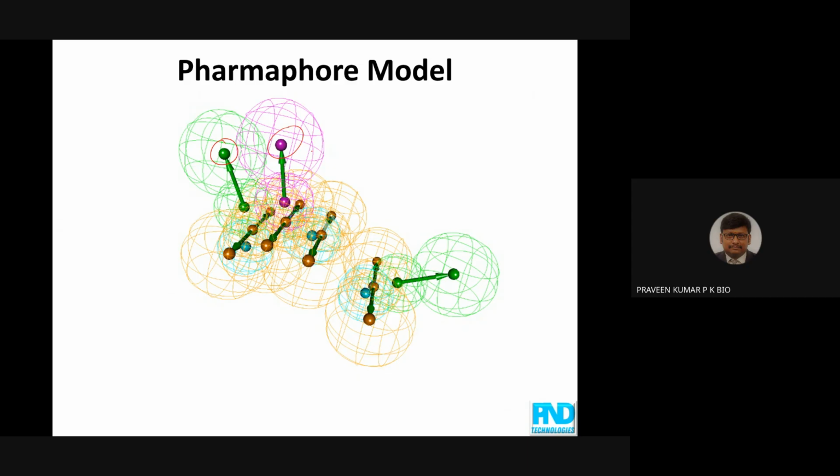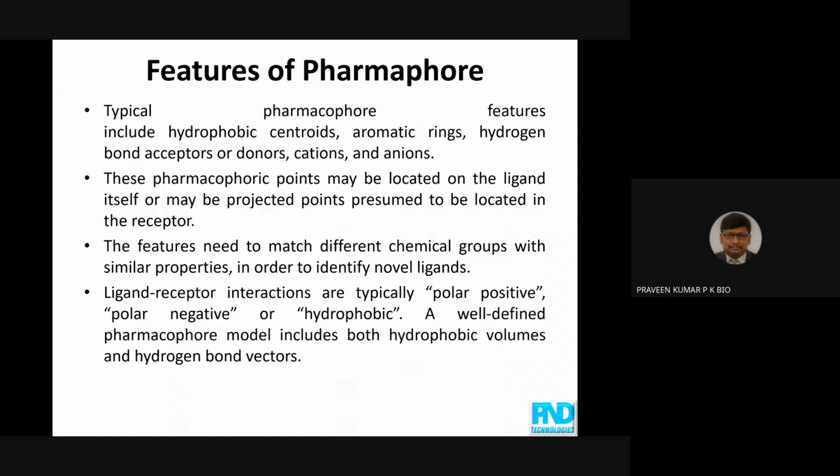But what is the most important functional group in the ligand which binds with the active site? That's most important, isn't it? So before docking and after lead generation, we go with this method called pharmacophore modeling.